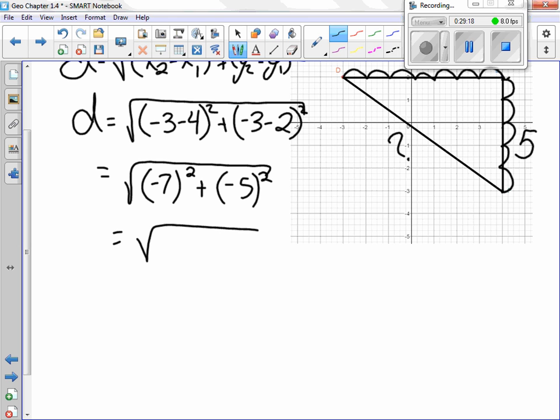Well, -7 squared is 49. -5 squared is 25, which will give us the square root of 74. Which I think is just the square root of 74 because that doesn't reduce.